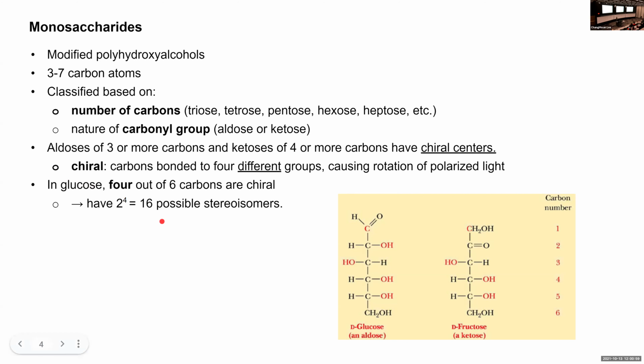And then you can create a lot of stereoisomers, because it depends on how you arrange the hydroxyl group, on the right hand side or left hand side. So two different kinds of combinations exist. And for 4 chiral centers, you can go up to 16 possible combinations for the stereoisomers. So there are a lot.